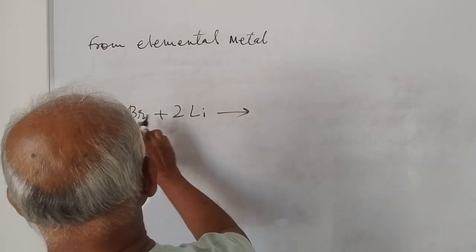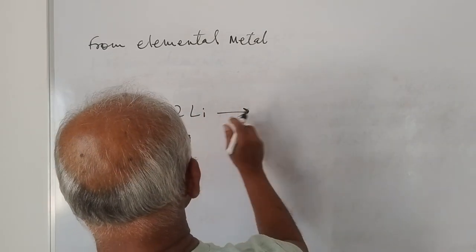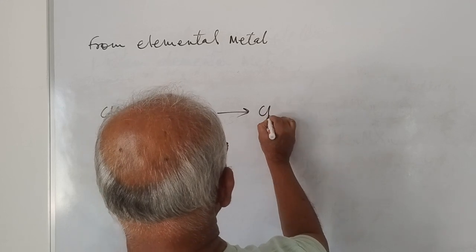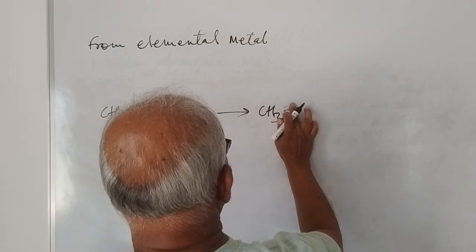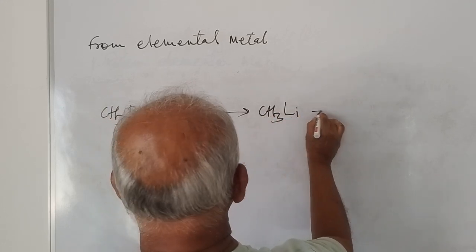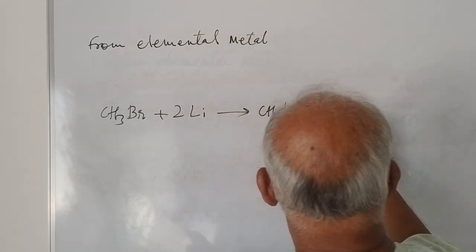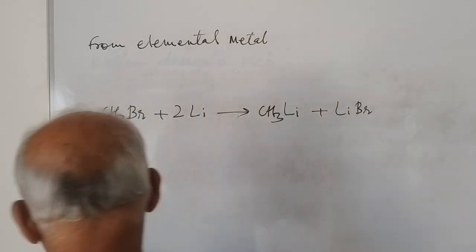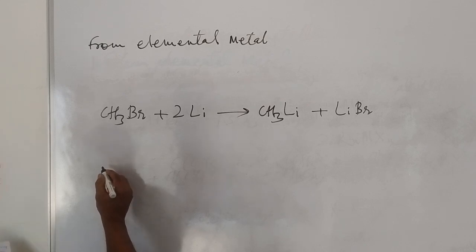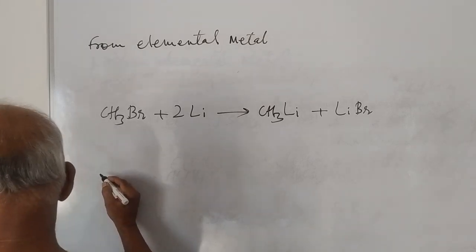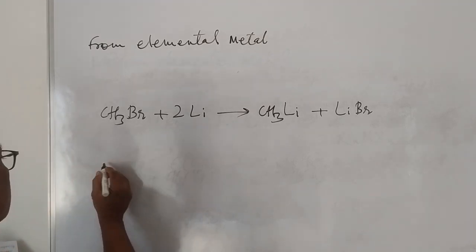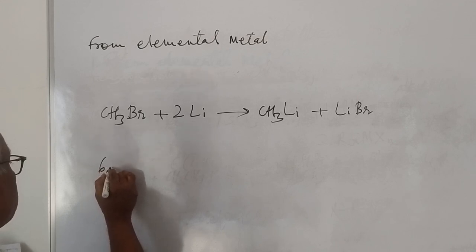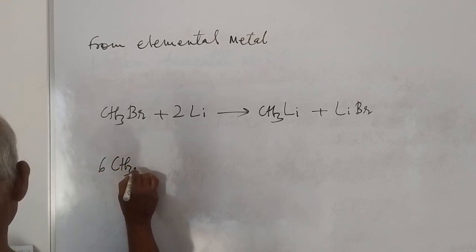So this gives methyl lithium, that is CH3Li, plus LiBr. Then for the second example, here we are taking the reagent lithium in the form of CH3Li.